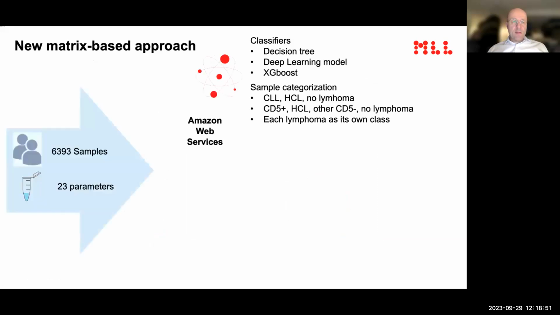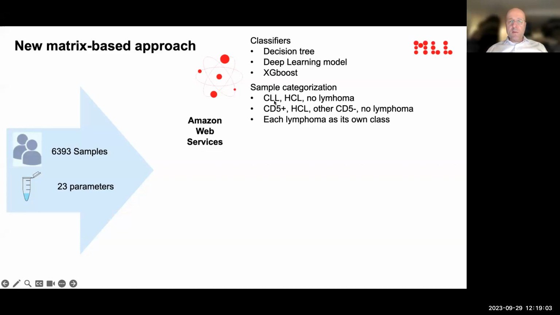We then switched to a matrix-based approach, and although, as we will see later, we did still some data reduction, we directly fed all the primary data, so directly the FCS files, into the system. We started this with about 6,000 samples, and again did these three comparisons.